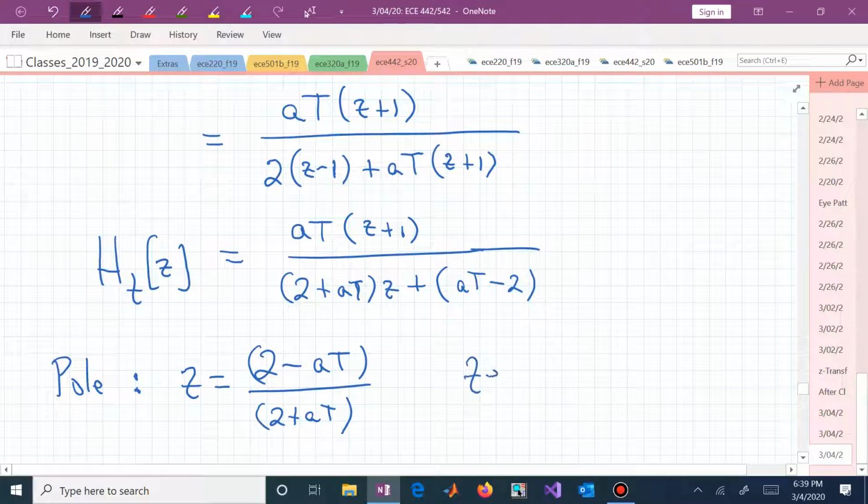Where's our 0? Do we have a finite 0? That's now at another fast location, which is z equal to minus 1. What's our DC gain?